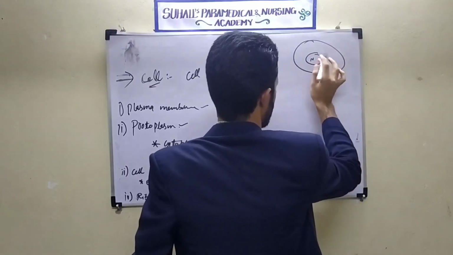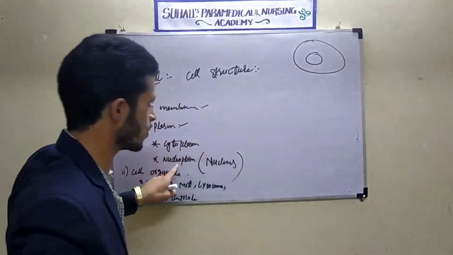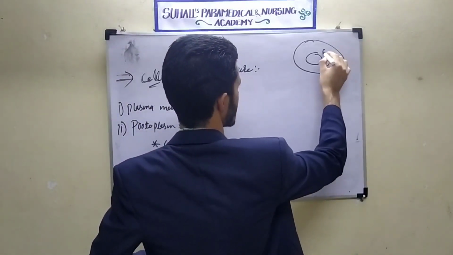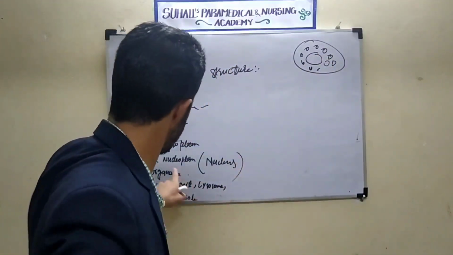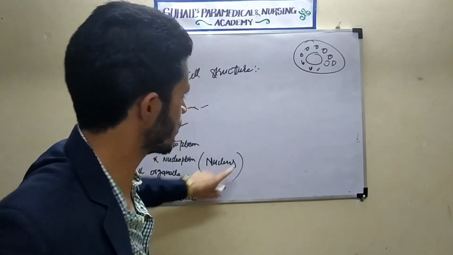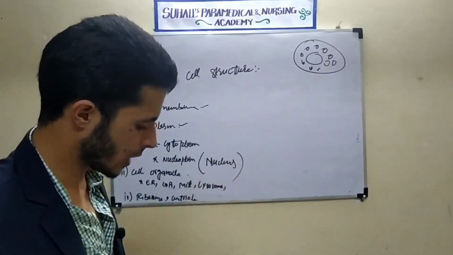The cell organelles will be inside the cytoplasm: endoplasmic reticulum, Golgi apparatus, mitochondria, lysosome, and ribosomes and centrioles will also be in the cytoplasm portion. This was the structure of the cell.